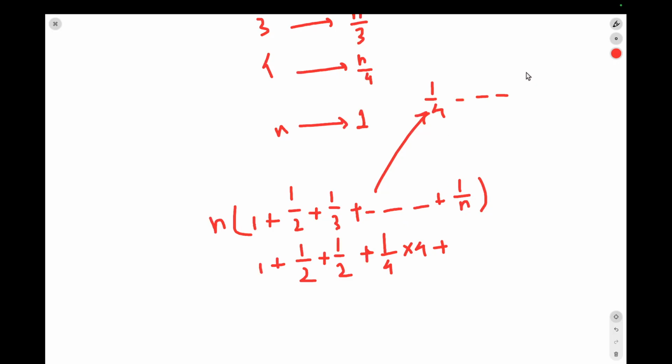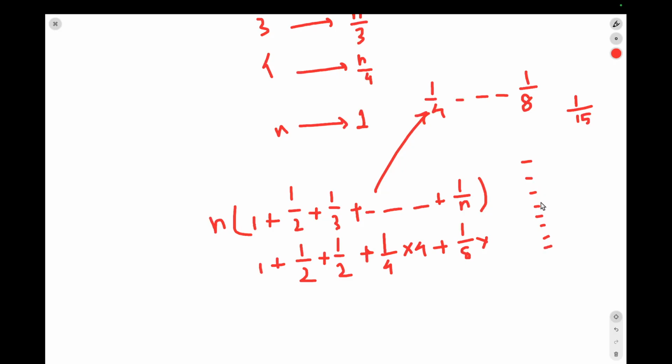Then we get 1 by 8, then 1 by 9, 1 by 10, 1 by 11, 12, up to 1 by 15. We can write it as 1 by 8 times 8 numbers: 8, 9, 10, 11, 12, 13, 14, 15.